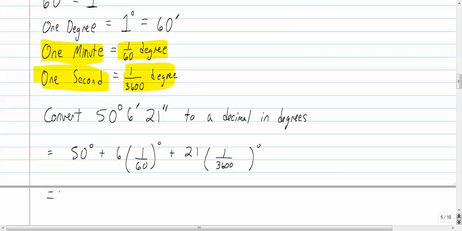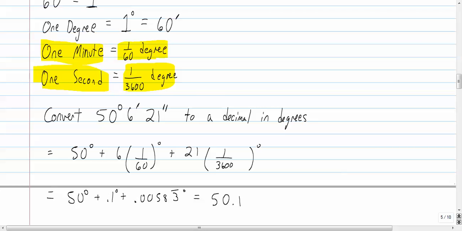So this is going to be 50 degrees plus 0.1 plus 0.0058, 3 repeating. Now, put those together, and now all these parts are degrees. So this is 50.1.